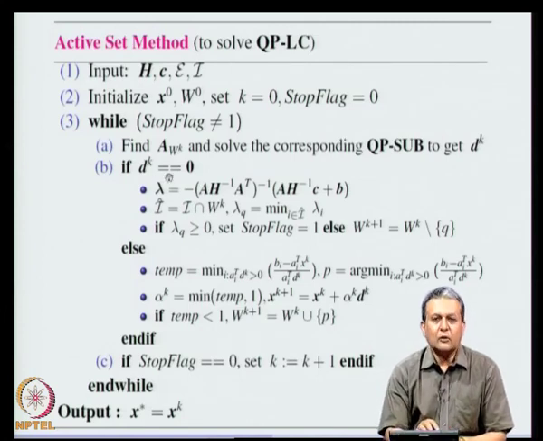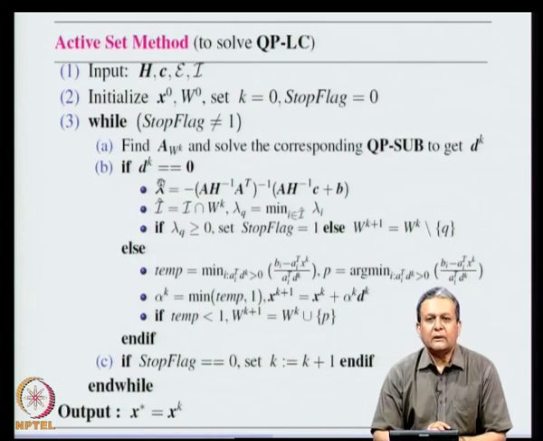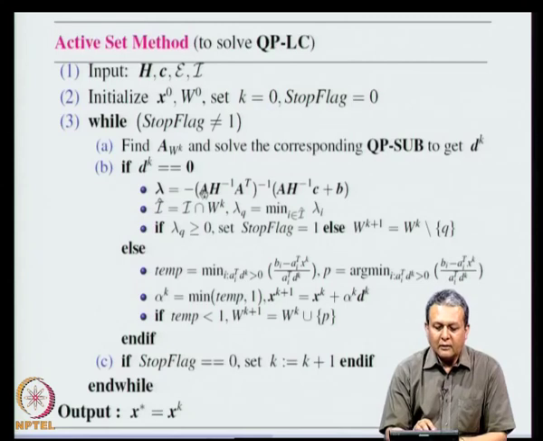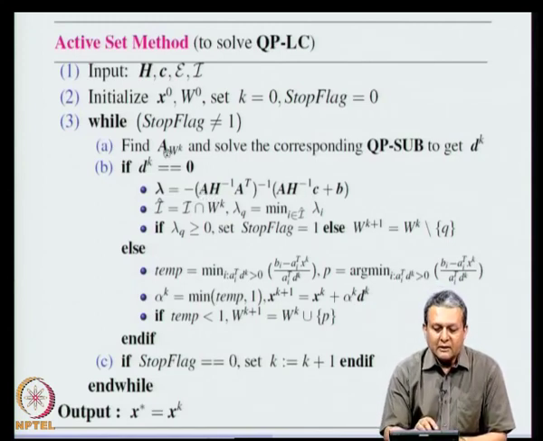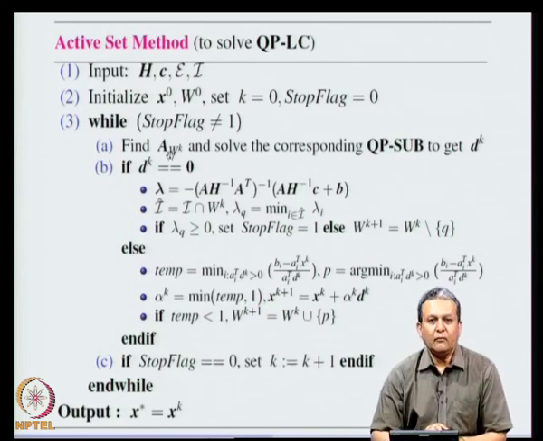Now, if dk turns out to be 0, then we check whether the current point is optimal, and for that purpose we need to determine the lambdas. There is a closed form expression to get these lambdas based on the A matrix. Here A is nothing but A_Wk, but to avoid notational clutter we have not indicated the dependence of A on Wk explicitly in this expression, but remember that this A is the same as A_Wk.